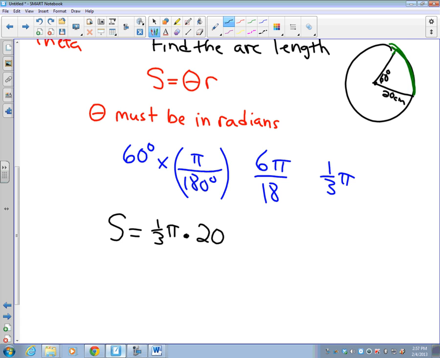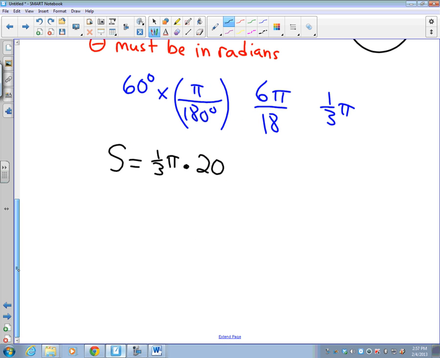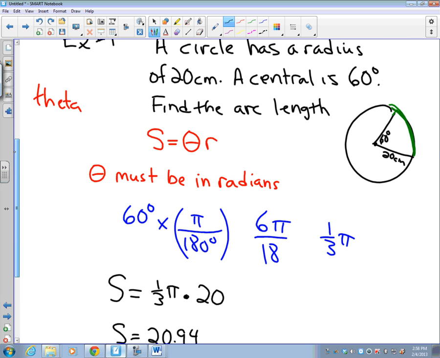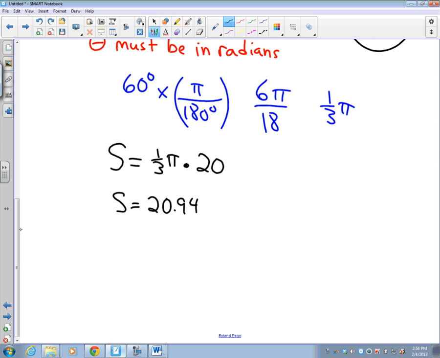So now you can punch it into your calculator and see what the actual answer is. It should be just under 20, I think. No, just over 20. What's that? 20.94. And since the original question was in centimeters, this unit has to be in centimeters as well. So you have to write down your units. Does that make sense?